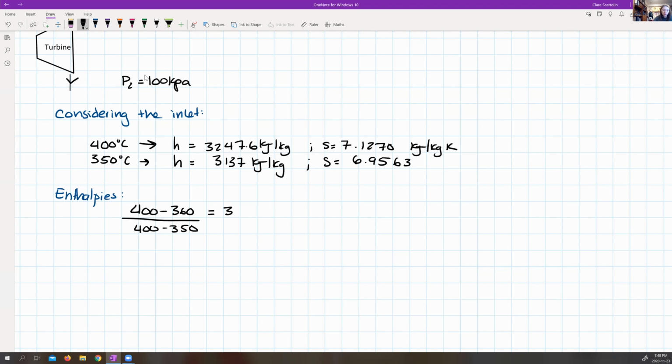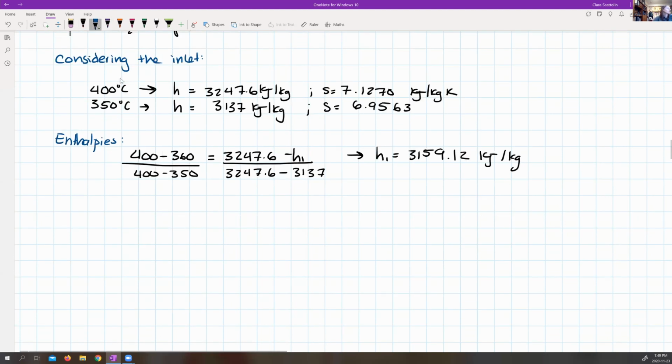So it was 3,247.6 minus H1, my unknown, corresponding to 360 degrees, over 3247.6 minus 3137. If I isolate for H1, I'm going to find a value of 3,159.12 kilojoules per kilogram. That was the enthalpies, and now I'm going to solve for the entropies.